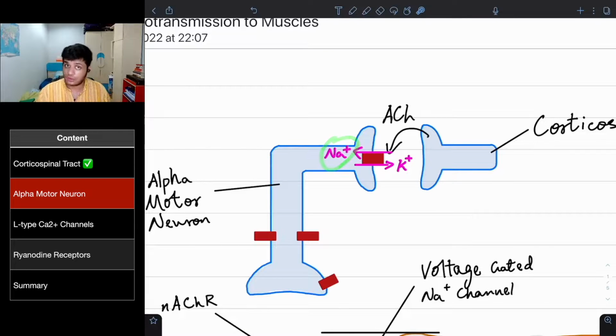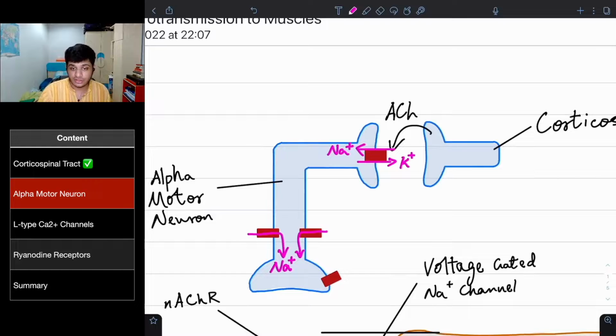Now, these sodium ions move along the axon hillock, and as you learned in action potential, it opens up voltage-gated sodium ion channels, because they are voltage sensitive. So it opens the voltage-gated sodium ion channels, further depolarizing the axon hillock. These are the voltage-gated sodium ion channels, and they further depolarize the axon hillock.